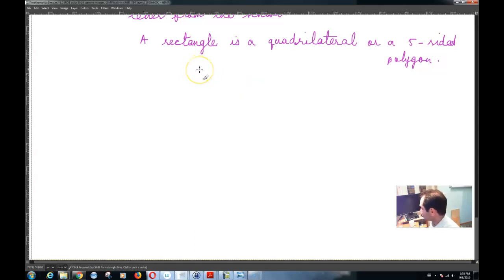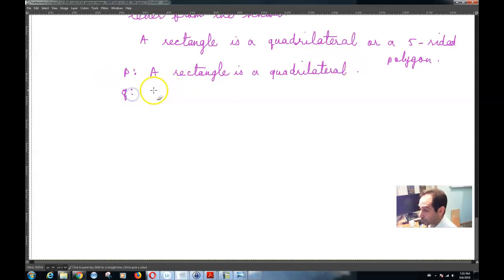So again over here, the component statements related to this would be P, for example, a rectangle is a quadrilateral, or you can say that a rectangle is a five-sided polygon.